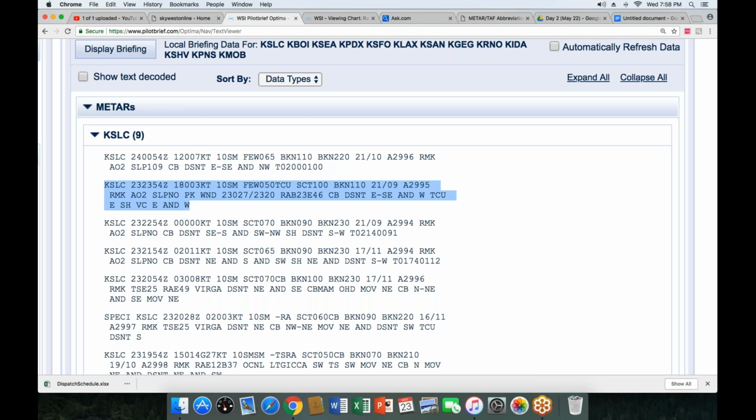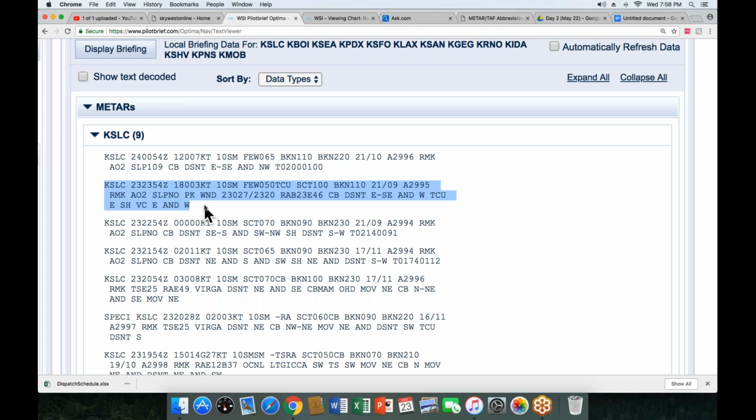Broken clouds at 22,000 feet. Wait, what line are you reading? Oh my gosh, I'm doing the one above that one. Wow, never mind. How special am I on that? No, you're good. Let's start over again.